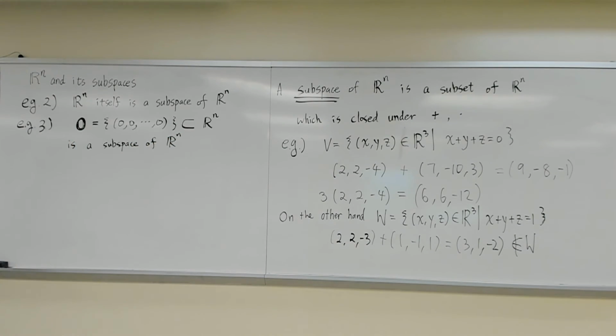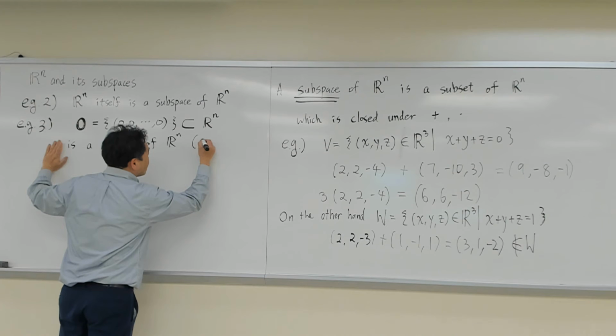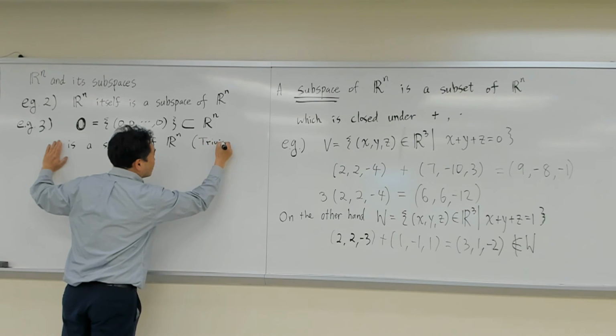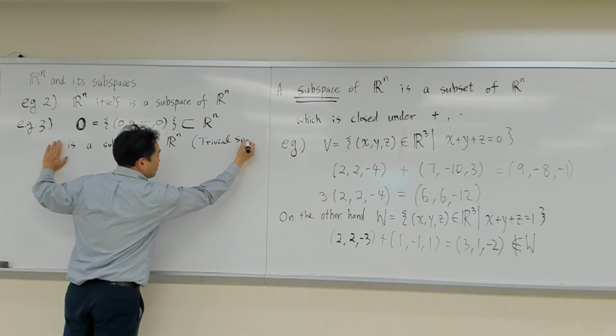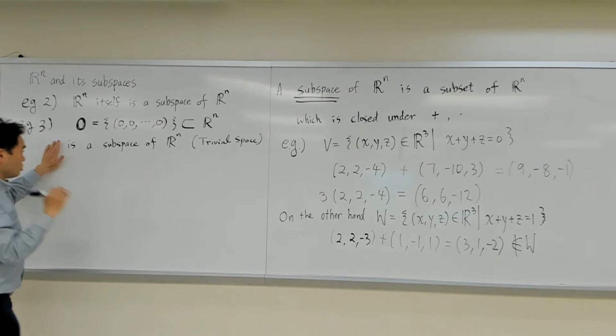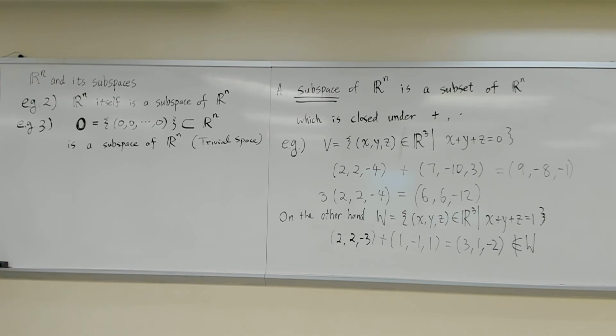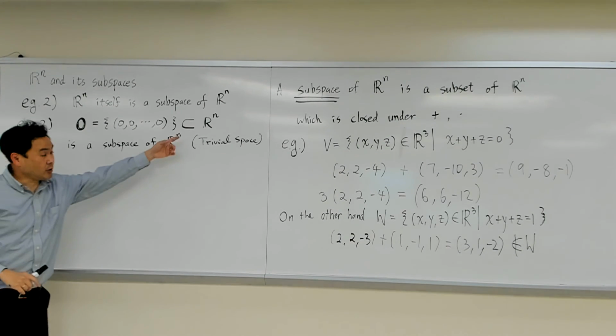Any Rn will always have these two as its subspaces. So Rn itself is a subspace. The trivial space is a subspace of Rn.